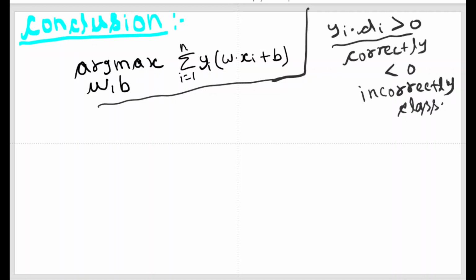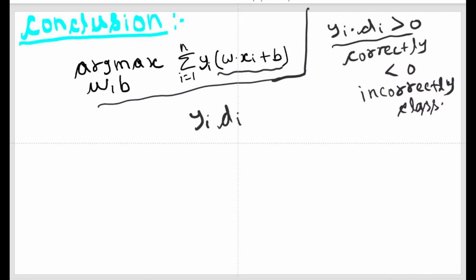Let's see what our conclusion is. Our conclusion is sigma i equal to 1, yi di greater than 0. That means we are correctly classifying the data. So what do we want?